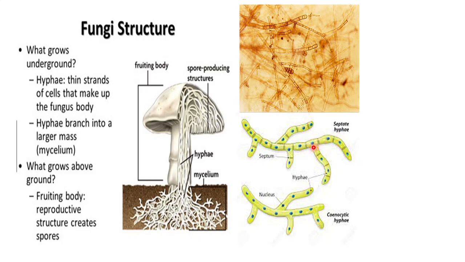Now if the hypha has such separation walls, which we call septum or septa, then the hypha will be referred to as septate. So septate hypha, if you get the term, it should be understood that that particular hypha of fungus has separation walls in between.